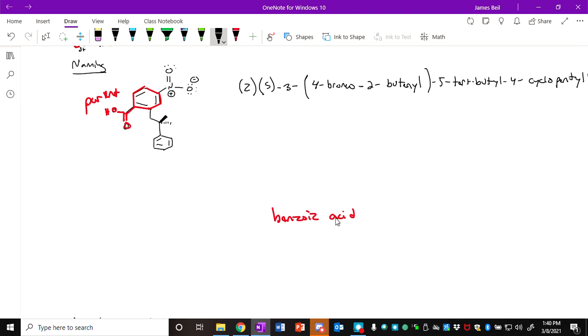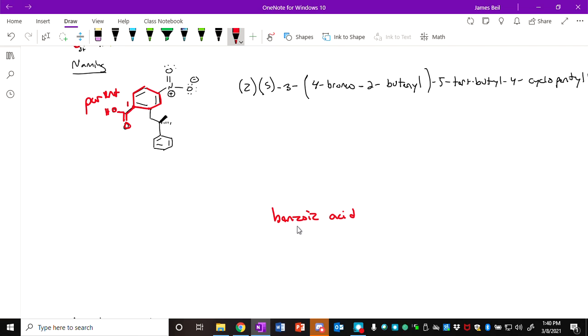Right, so the name benzoic acid accounts for the ring and the carboxylic acid group. And when I do that, that means I have to start numbering carbon 1 here. The carbon of the ring that the carboxylic acid group is connected to has to be carbon 1 if I'm using this parent name.